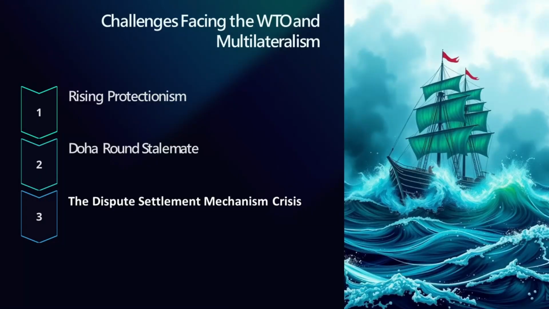Another important challenge of the World Trade Organization in promoting the principles of multilateralism is the dispute settlement mechanism crisis. The World Trade Organization dispute settlement system has faced many challenges, particularly concerning issues related to both developing and underdeveloped countries.